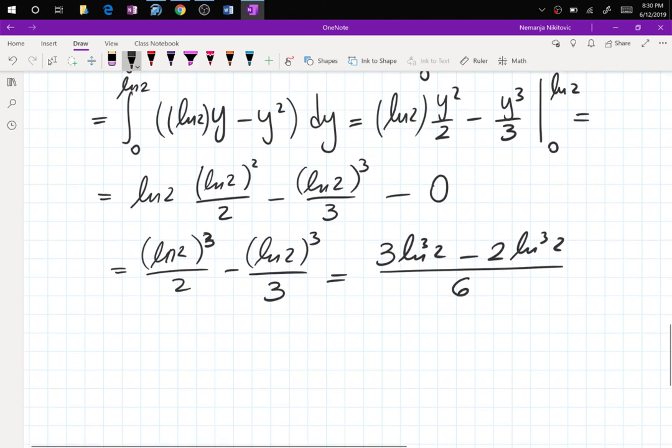And then 3 apples minus 2 apples is 1 apple. So ln cubed 2 over 6 is the answer. Now, if you want to get the decimals, go ahead. But we generally don't care about decimals. So that's the procedure. Again, we did not set anything up here.